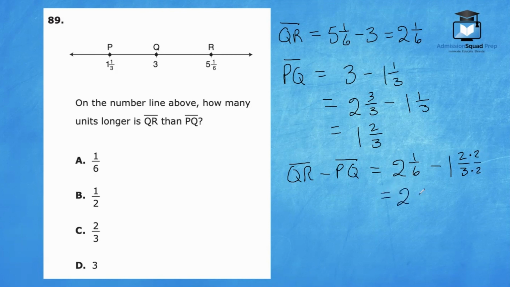We now have 2 1/6 minus 1 4/6. Because we can't subtract 1 minus 4, we're going to borrow from this 2 over here. 2 becomes 1, and we will add 6 over 6 to 1/6. We now have 1 7/6 minus 1 4/6. 1 minus 1 is 0, and 7 minus 4 is 3. So our final answer is 3/6, which is equivalent to 1/2. So the correct answer is choice B.